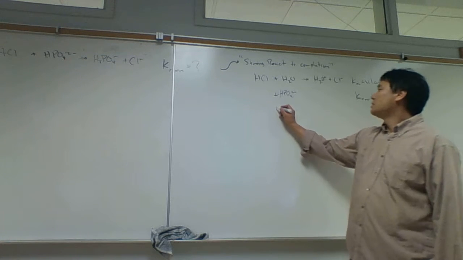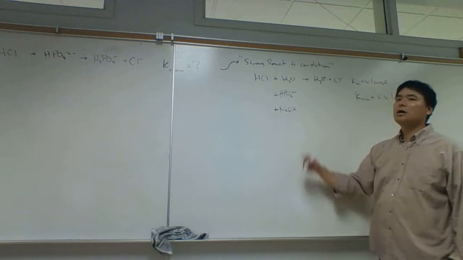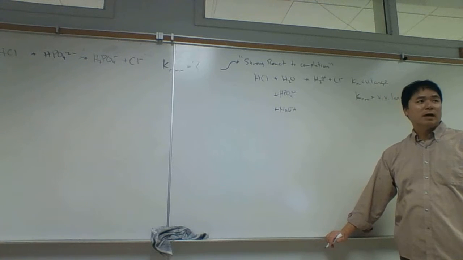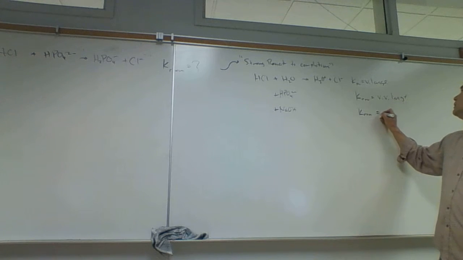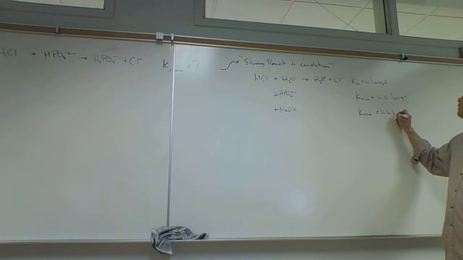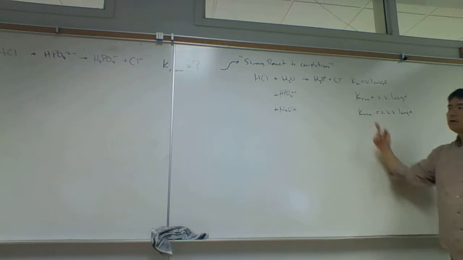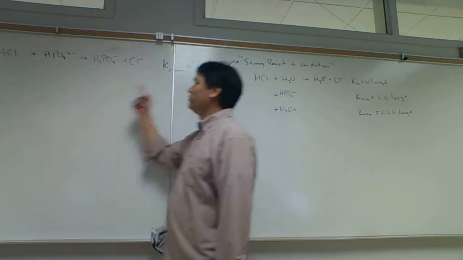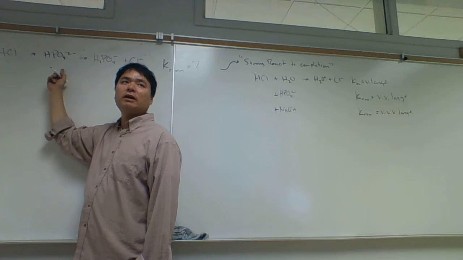What if we did this? We reacted with sodium hydroxide. If we reacted with sodium hydroxide, then that is an even better base, which means that K for this reaction is going to be very, very, very large. I already know the K value for this because this is HCl, and since HPO4 2 minus is a better base than water, K has got to be very, very large.